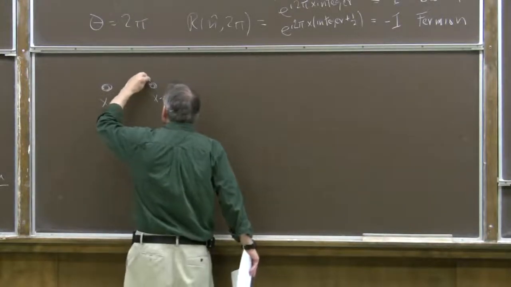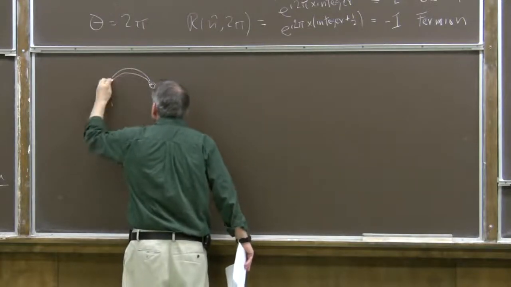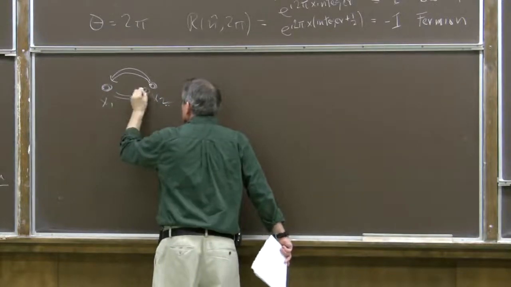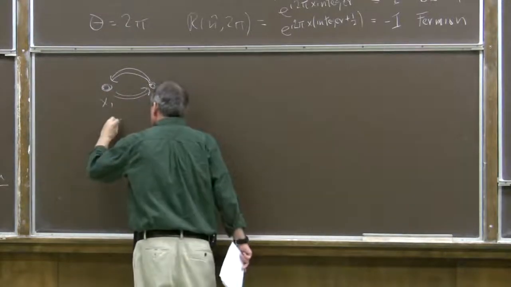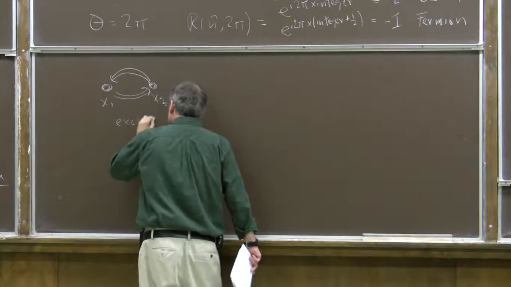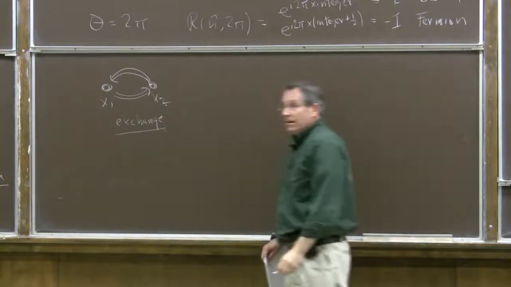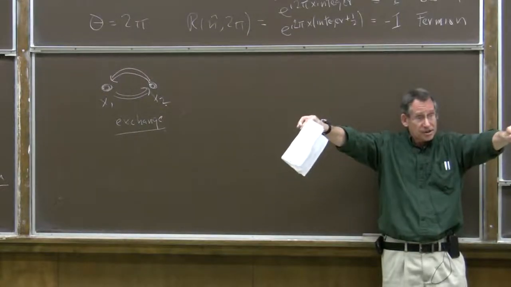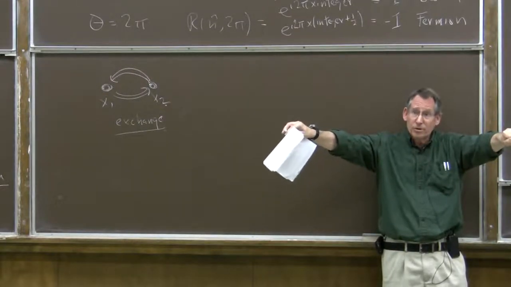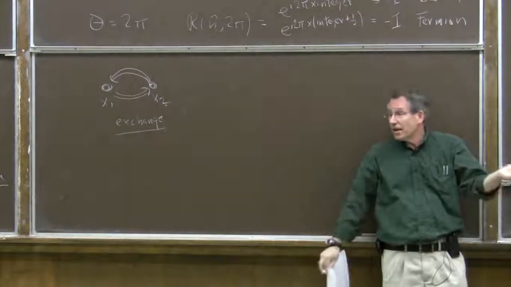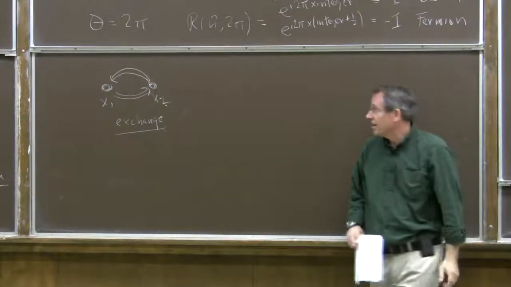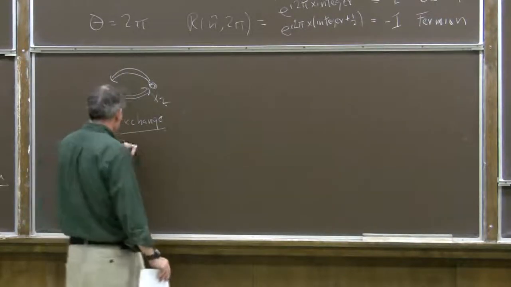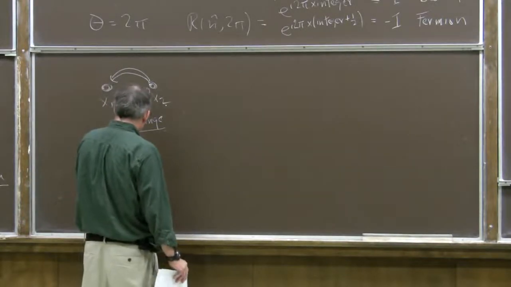But then I can consider exchanging them, slowly moving this particle to position x1 and this particle to position x2. I'll call that an exchange. And it takes a quantum state with particles at positions x1 and x2 to another quantum state with particles at those 2 positions. That, too, I can think of as some transformation on state vectors. So it's represented by an operator. I'll write it as script r, the exchange operator.